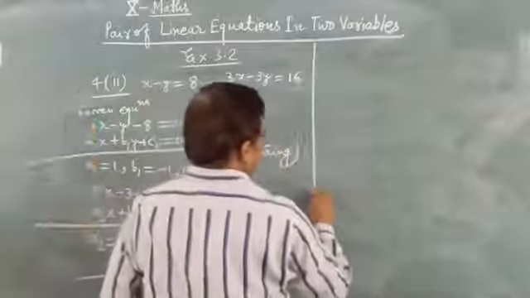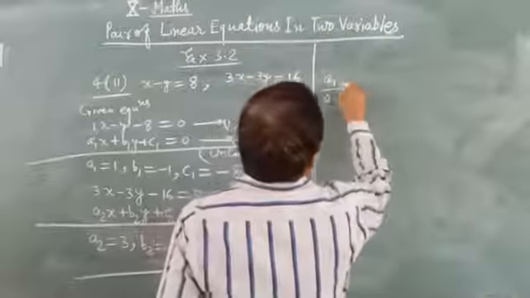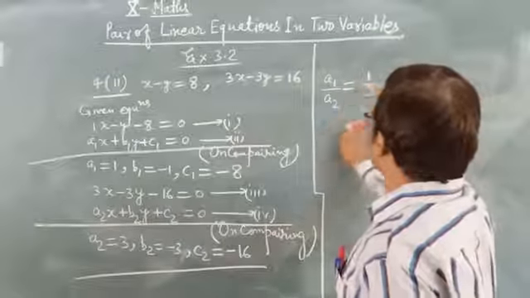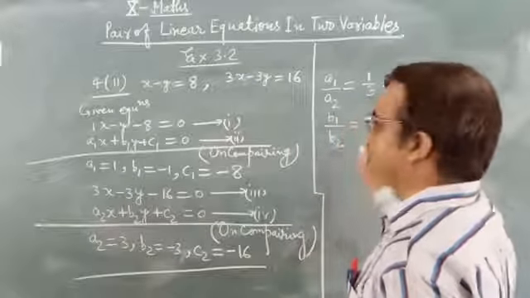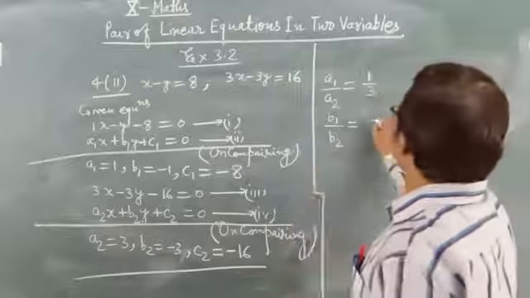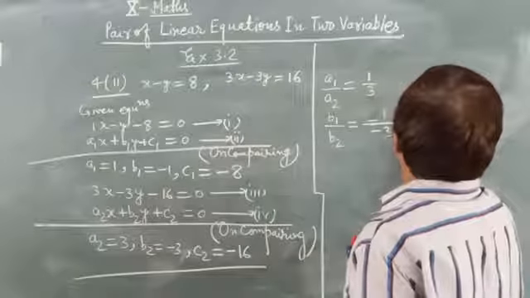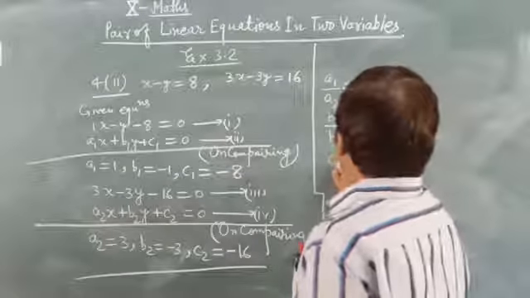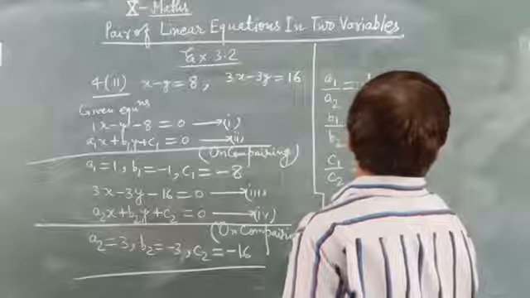Now we find the ratios. a1 upon a2 becomes 1 by 3. b1 upon b2 becomes minus 1 upon minus 3 equal to 1 by 3. Now c1 upon c2, minus 8 upon minus 16.